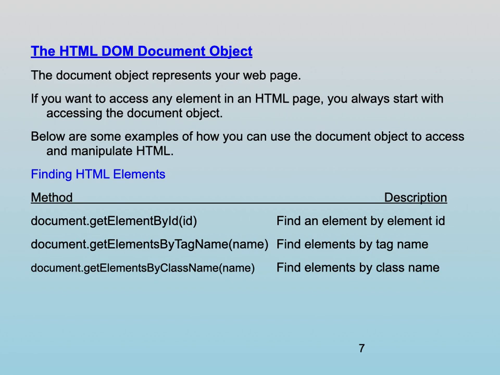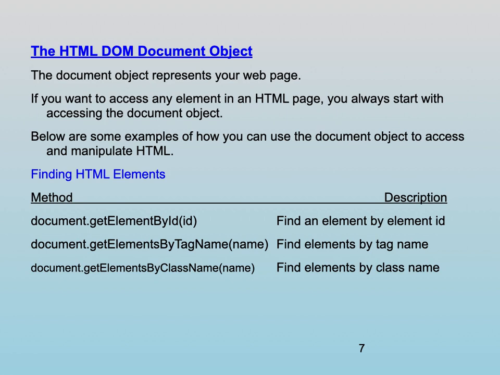So document.getElementById, in brackets you need to specify the ID. For example, id equal to demo. Instead of id we need to specify demo as the parameter here. So document is your web page, it's an object. From that object you need to find a particular element using its ID. For that we are using getElementById.